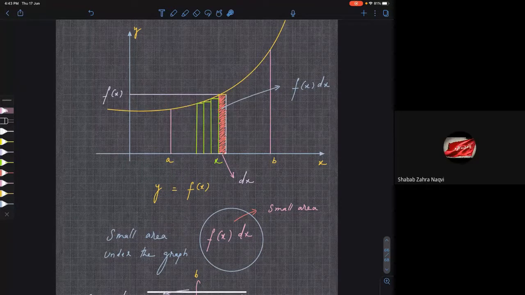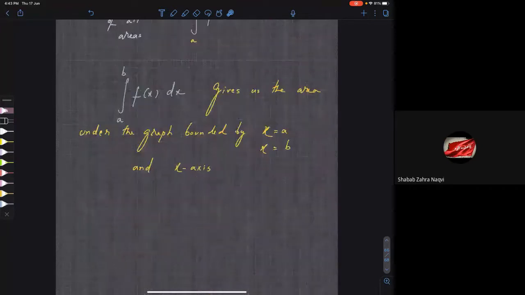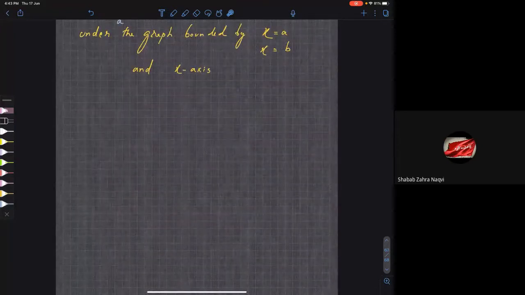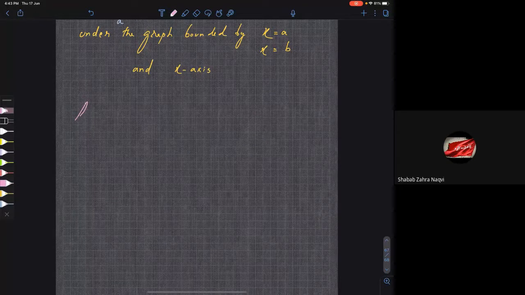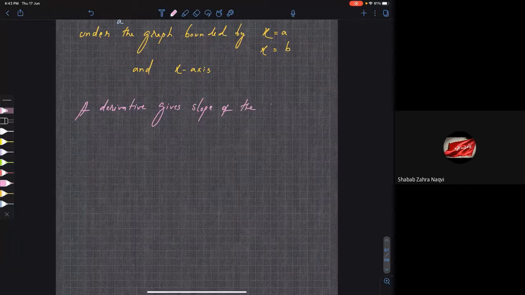So let me just write down here: a derivative gives the slope of the function at a point x. Clear?